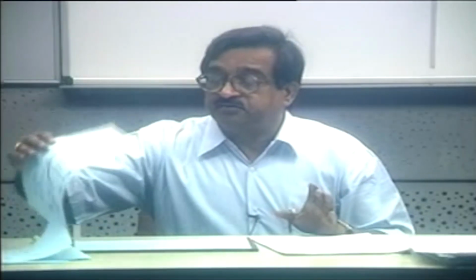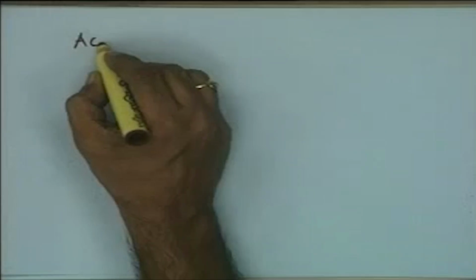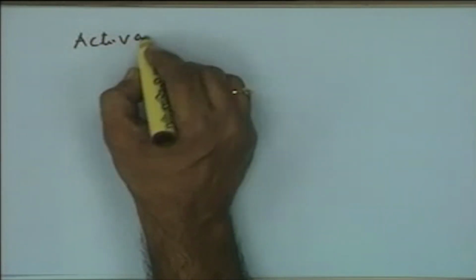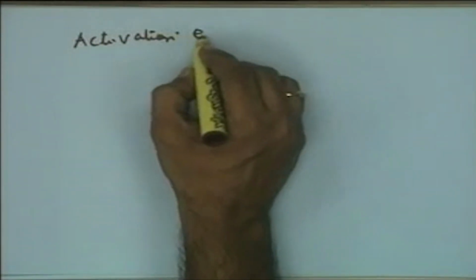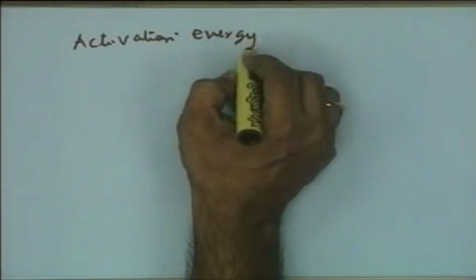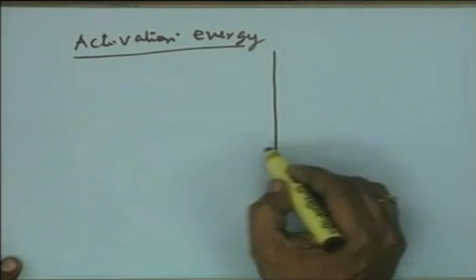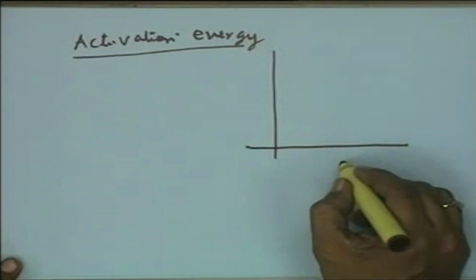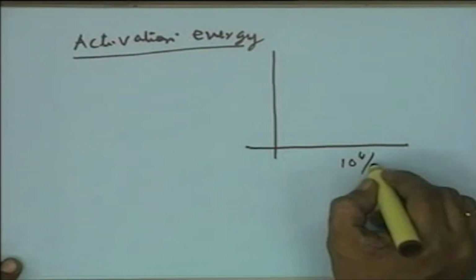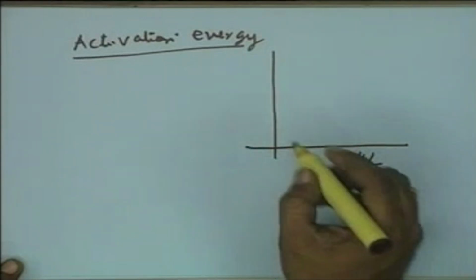The third approach of analyzing the diffusional limitation is on the basis of activation energy. Now, just to illustrate my point, I would like to make you familiar with one of the experimental data which were reported.